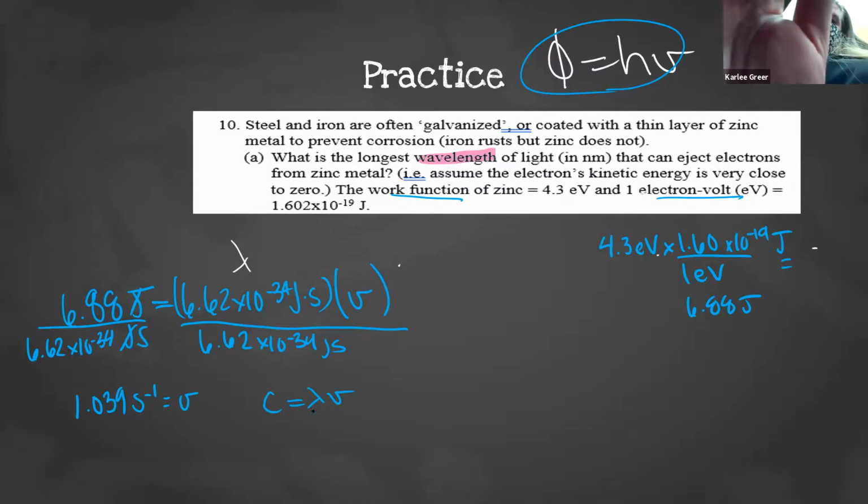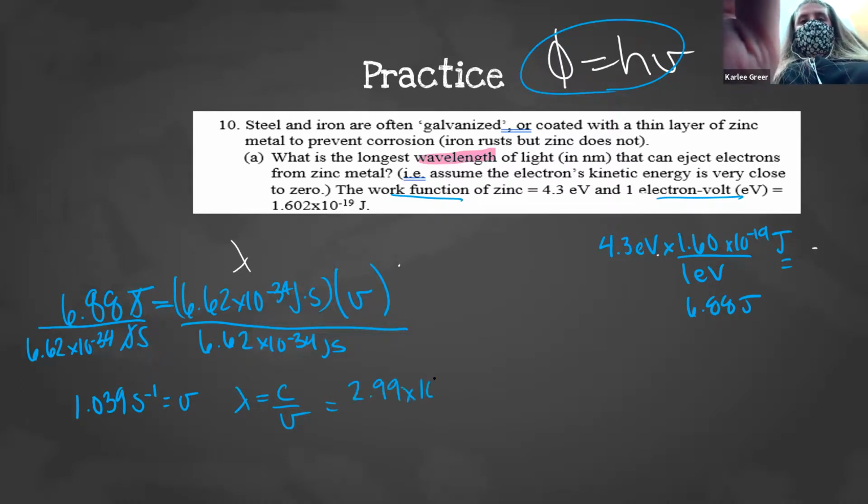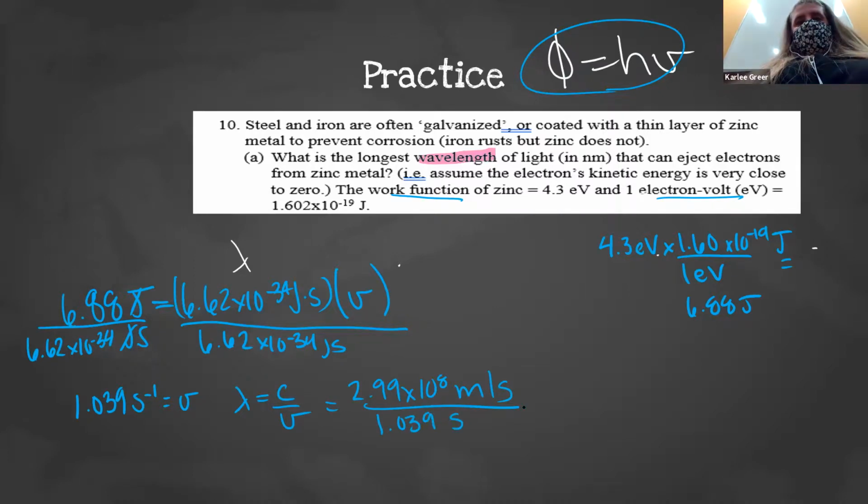We're solving for wavelength now, so we rearrange that a little bit, and that gives us wavelength equals c divided by frequency. So we plug in our c value in meters per second, and our frequency in inverse seconds, and we get 2.99 times 10 to the 8th divided by 1.039 times 10 to the 15th.